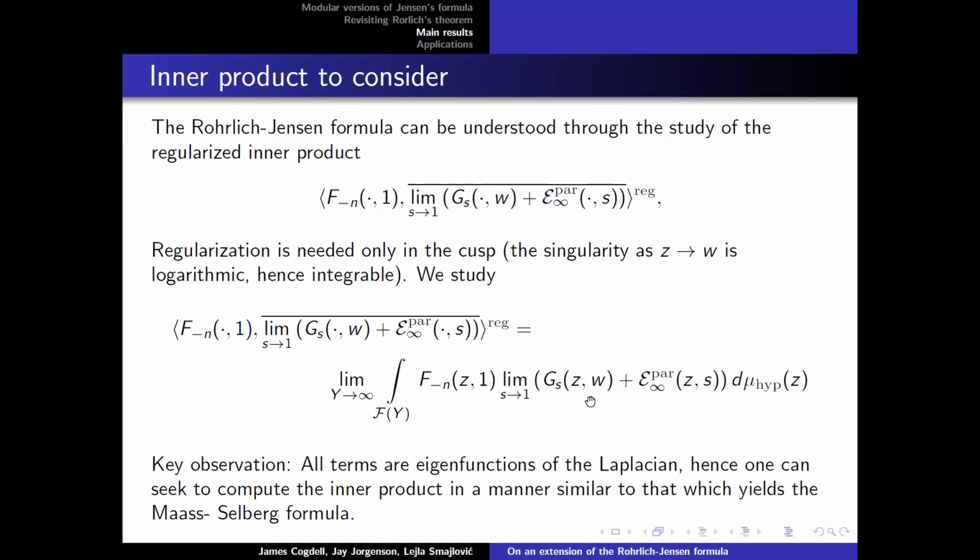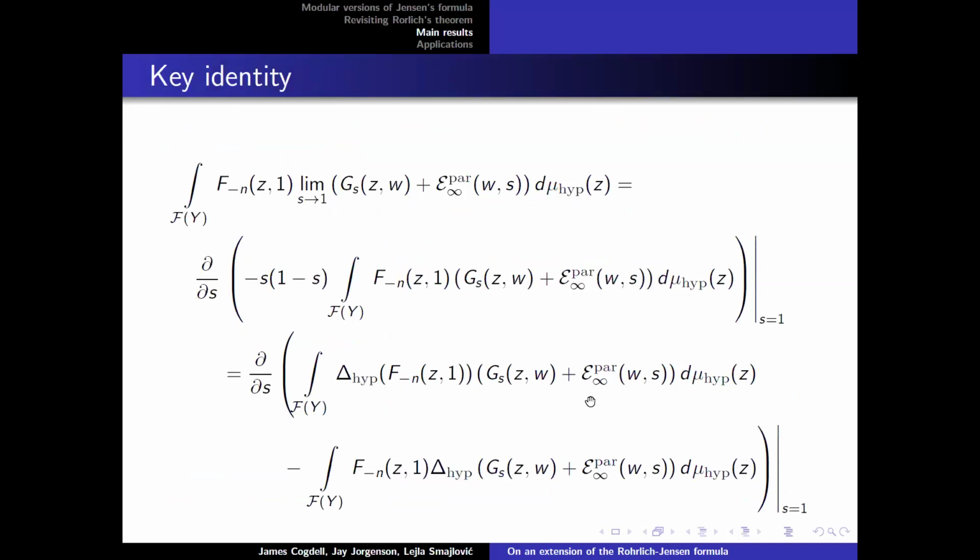So actually, for people who work a lot with trace formulas, the inner product can be computed in a manner similar to that which yields the Maass-Selberg formula. Okay, so what is the key identity to start with? Well, these first two lines actually reveal a small trick. We know that those functions are eigenfunctions of the Laplacian with the eigenvalue s times 1 minus s. So how to use that?